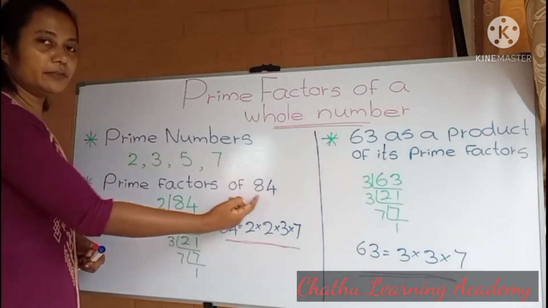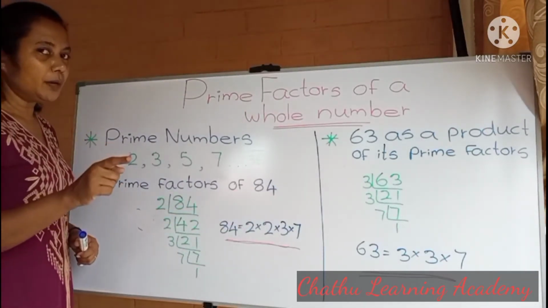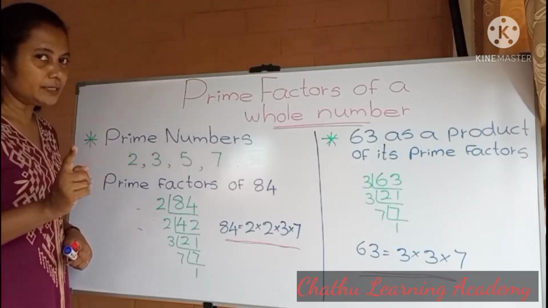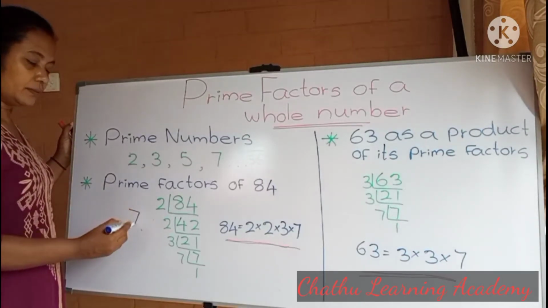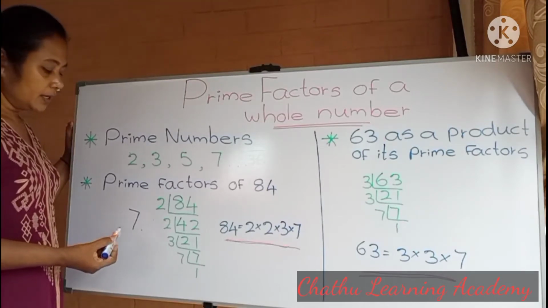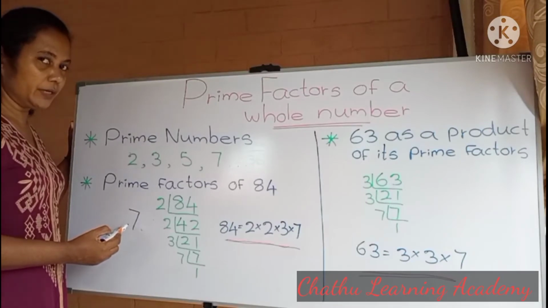Here the given number should be a composite number. If it is a prime number, then we can't find the prime factors. Why is that? Think about number 7. Here 7 is a prime number. If we want to find the prime factors, can we find them?